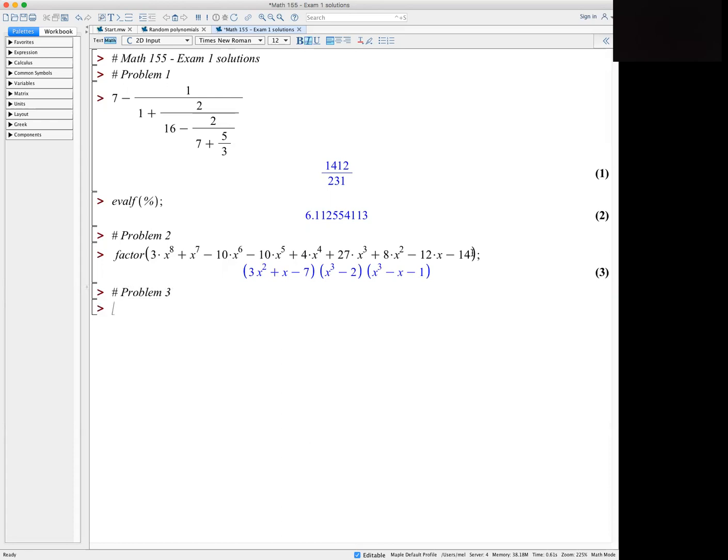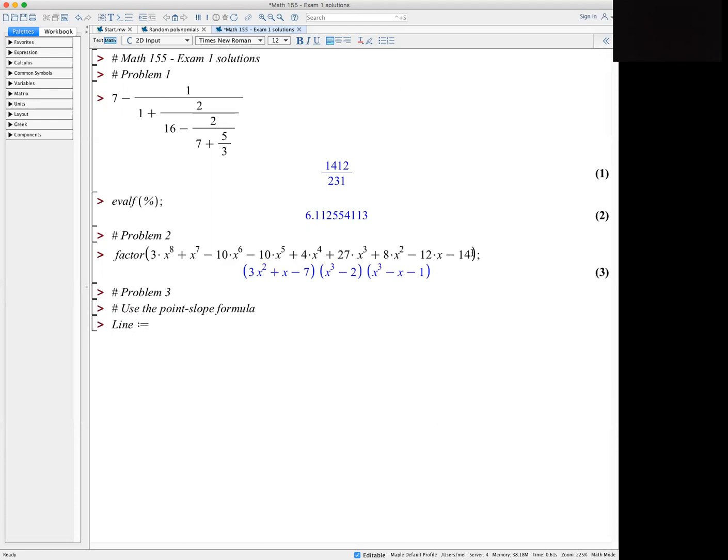Problem 3 is to find an equation of a line that passes through a certain point and has slope minus 13 over 22. So we use the point slope formula, which we've used many times and you have to know. So I'll just call it line.